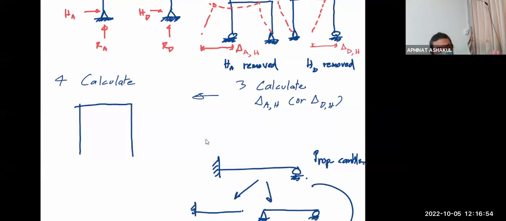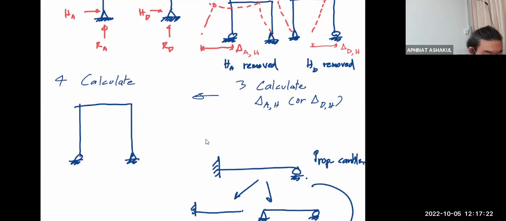This is another grave error that students make. You remove whatever redundant, you calculate the corresponding displacements of that redundant. Okay, it's not like, okay, I remove HA and now I'll calculate delta D. No, if you remove HA, you will have to, you have this, right?